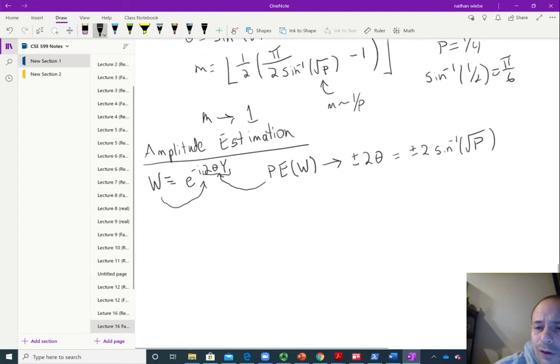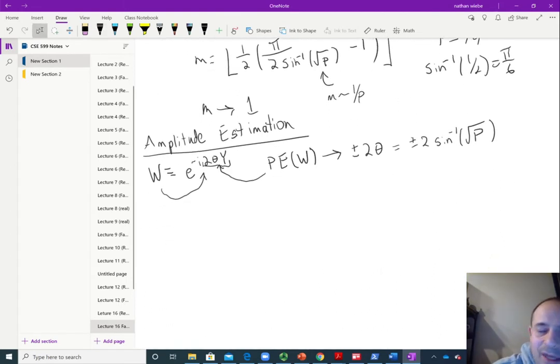So if you wanted to estimate p in particular, what you would do is, if we were doing Fourier-based amplitude or phase estimation, we would have a circuit that ends up looking as follows. We'd have some state. We would feed in a walk operator after doing a bunch of Hadamard transforms to all of this junk.